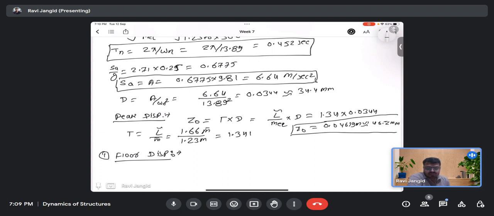So the floor displacement is given as, like how you calculate the floor force fs.